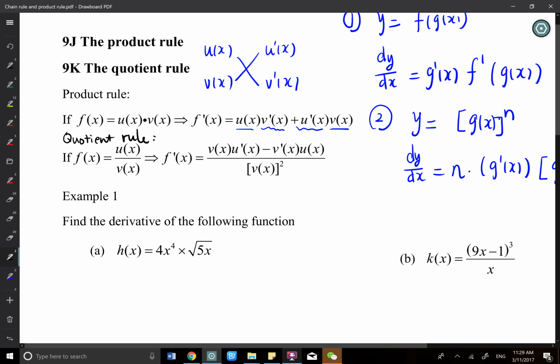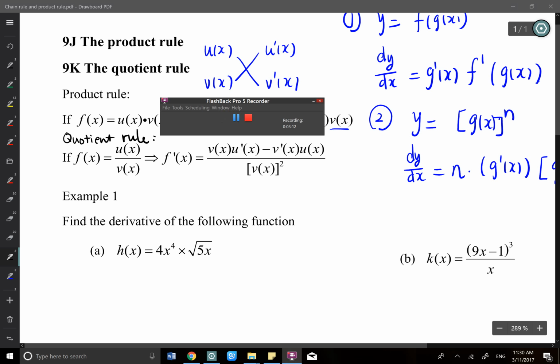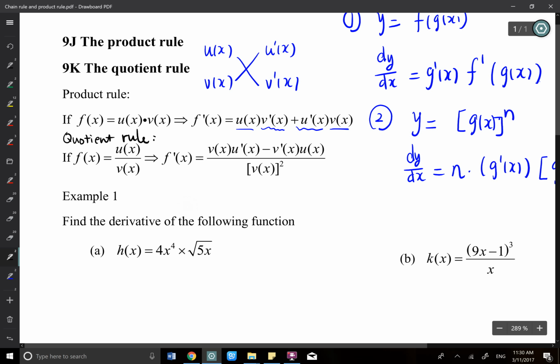So what we will do is make the bottom to the power of 2. Quotient rule is a very complex formula. If it's u(x) divided by v(x), v(x) needs to be squared first, the bottom gets squared.